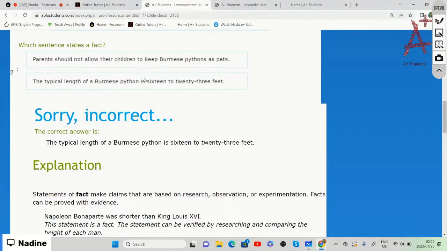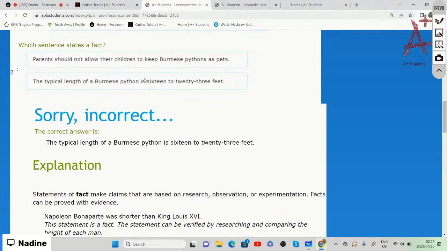All right, so we are first going to identify the fact within the sentence. And then once we have identified the fact, that is when we will also go over what the opinions might be. So, which sentence states a fact? The first one is parents should not allow the children to keep Burmese pythons as pets, or the typical length of a Burmese python is 16 to 23 feet.